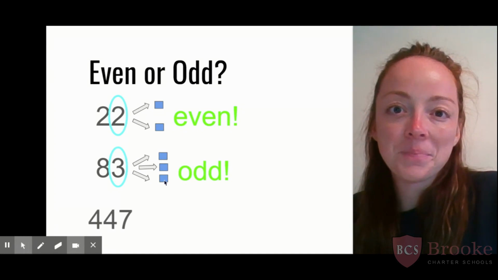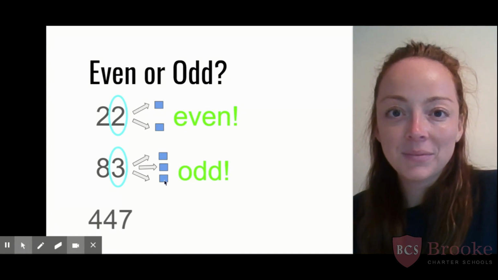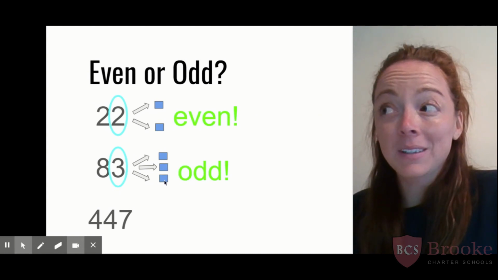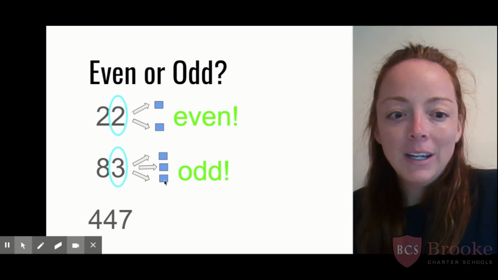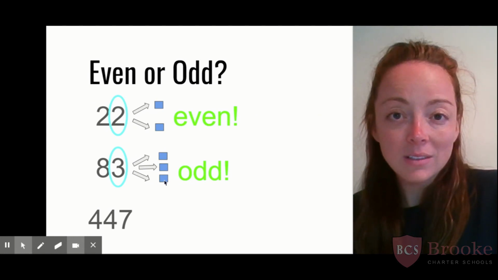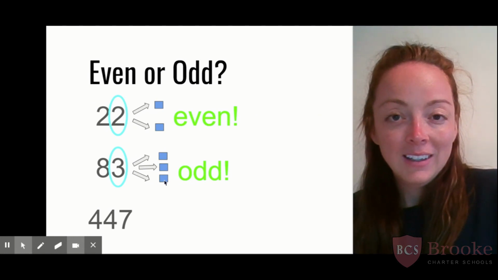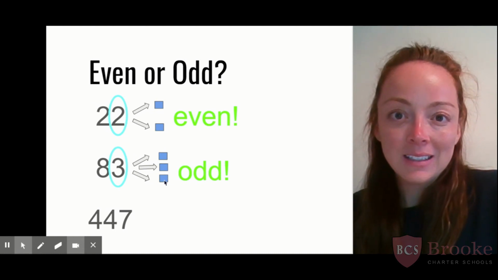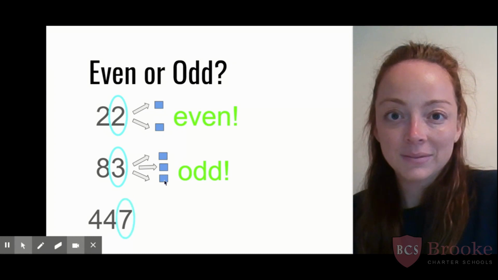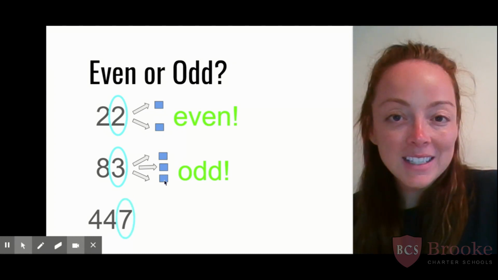Let's try one more. What's my number? Good, 447. Wow, this is a really big number. But I really only need to check the what? The hundreds, the tens, or the ones? Exactly, so let's check the ones. What's the digit in the ones place in this number? Good, 7.